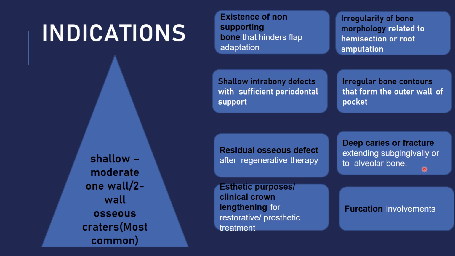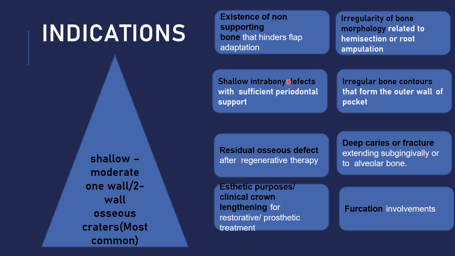Other than that, it can be used for non-supporting bone that is hindering flap adaptation. Then irregularity of bony morphology, in case of hemisection or root amputation, where you can remove bone if any irregularity occurs.